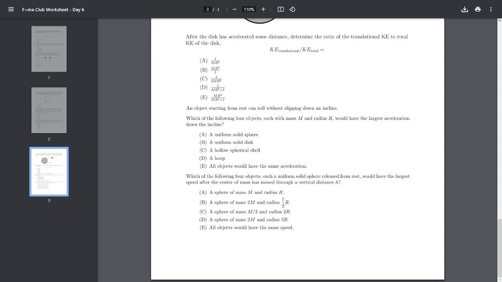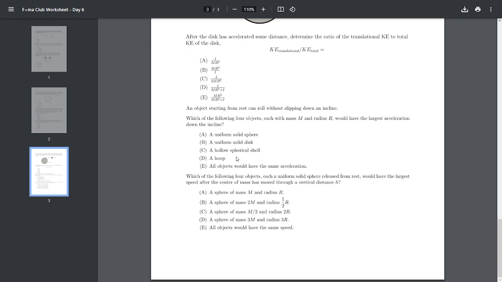A hoop is going to be m r squared, which means that the constants, in this order, are 2 over 5, 1 over 2, 2 over 3, and 1. The smallest c is going to be a, and so that's going to be our answer, which is a uniform solid sphere.